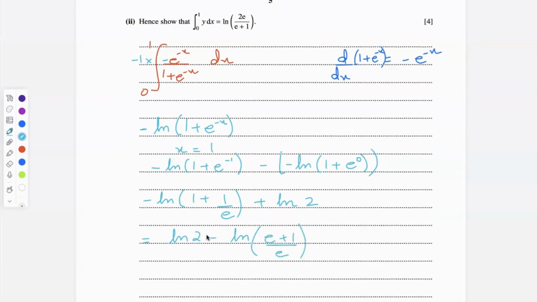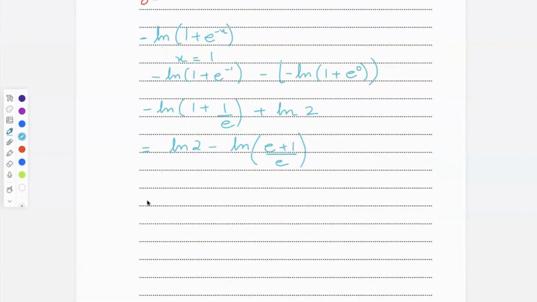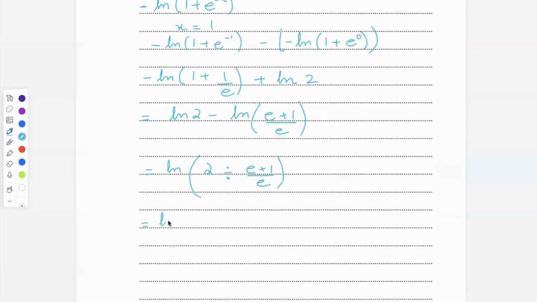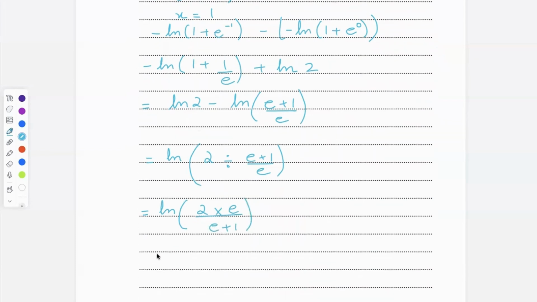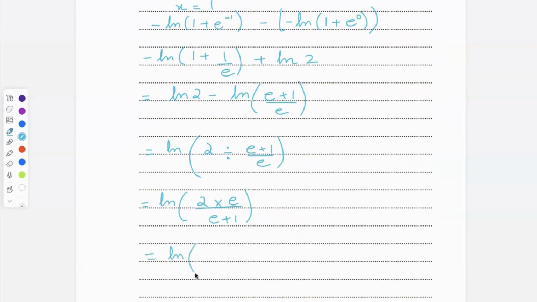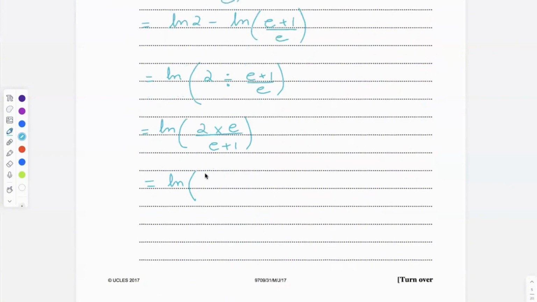Now when it is subtracting, we divide the functions. So simplifying this, we'll get ln of 2 divided by (e plus 1) upon e. Simplifying this, we'll get 2 multiplied by e upon e plus 1, which is basically the final answer that we had to prove, which was ln of 2e upon e plus 1.